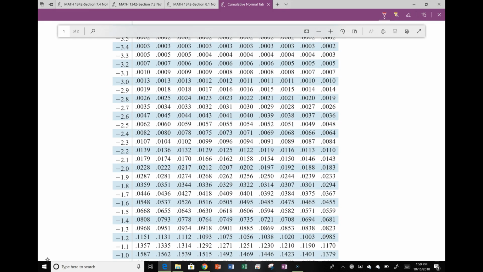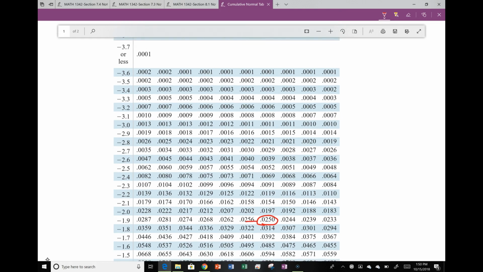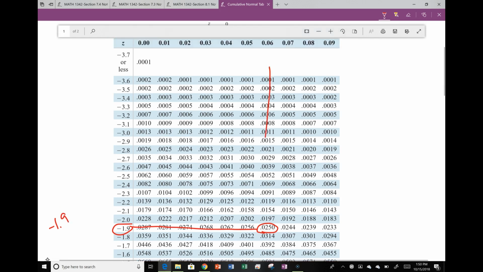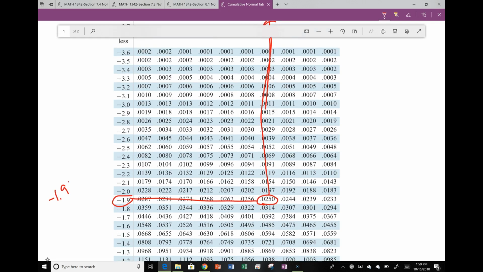Okay, I'm somewhere around here. Here's 0.0250. And so I need to find that z-score. I'm going to follow it out, a negative 1.9, and I've got to follow it up. We're following it up to a negative 6 as my second decimal place. So a negative 1.96.